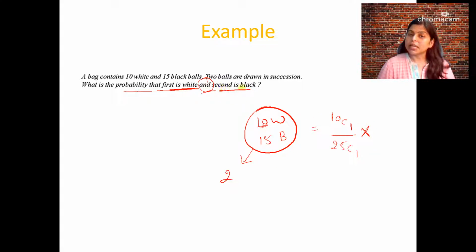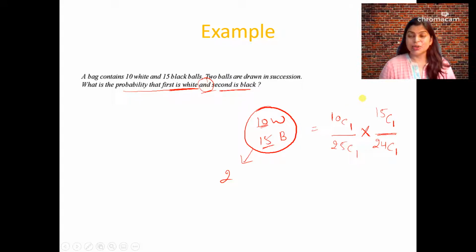The second ball is black, which will come from these 15 balls, so we write 15C1, and now the remaining balls are 24 this time, because we have already drawn one, so 24C1. See, this is how simple it is. We are just using the notations word by word. If I solve this, this will be my answer.